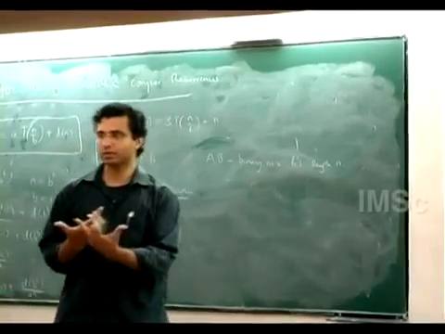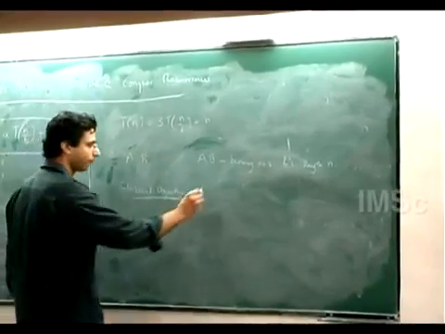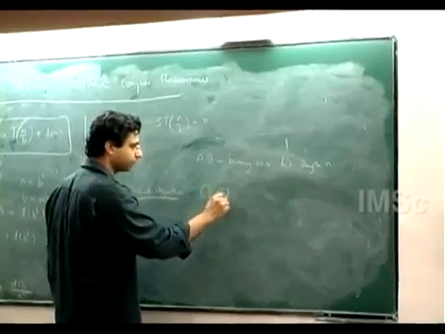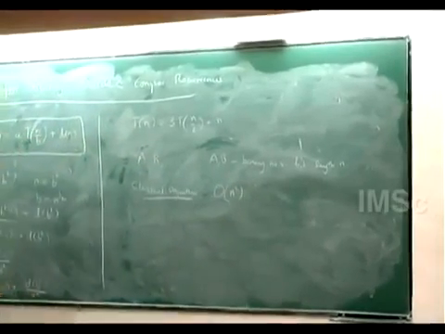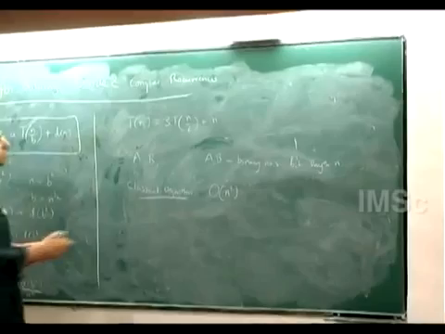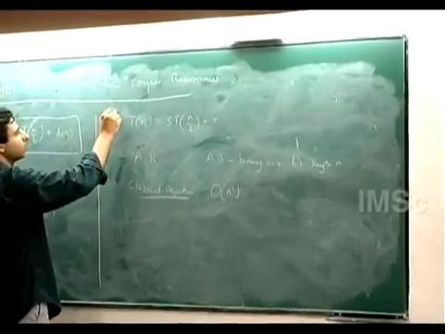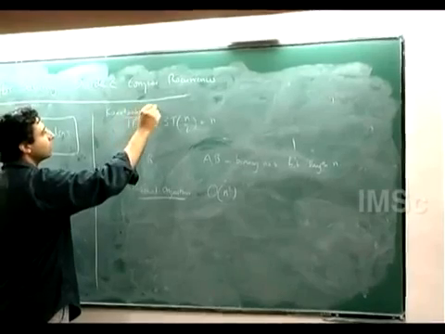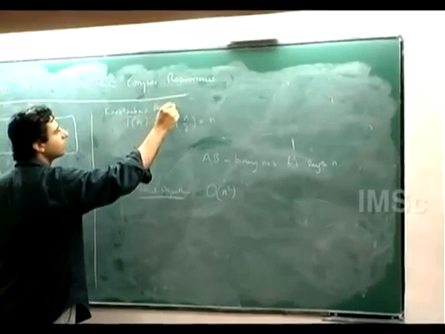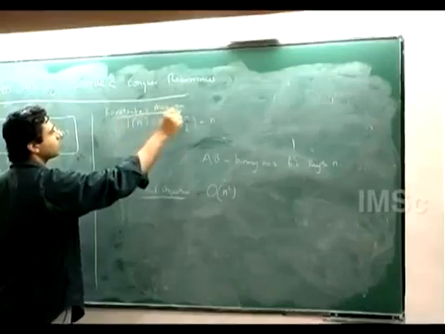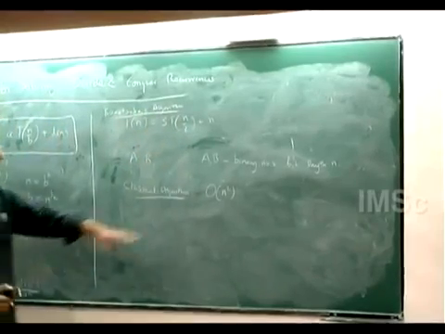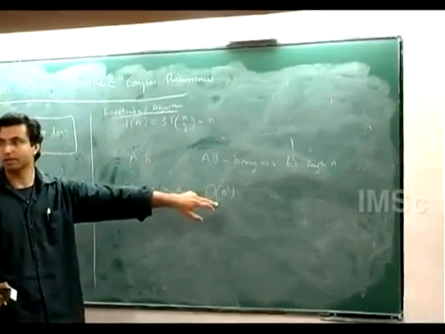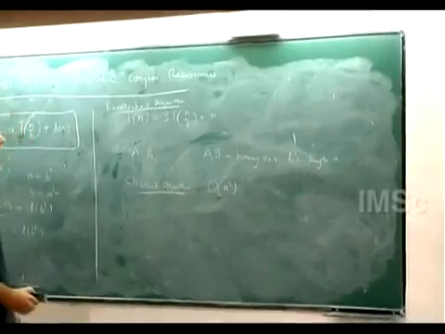It's roughly order of n square, right? And the claim is this algorithm of Karatsuba gives us a better running time than quadratic, better than n square.